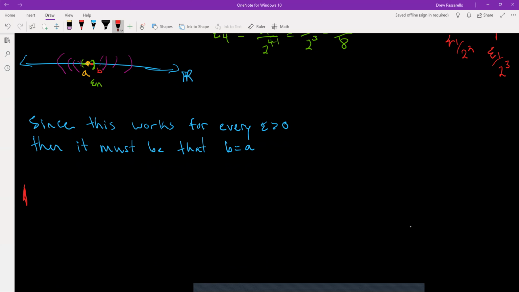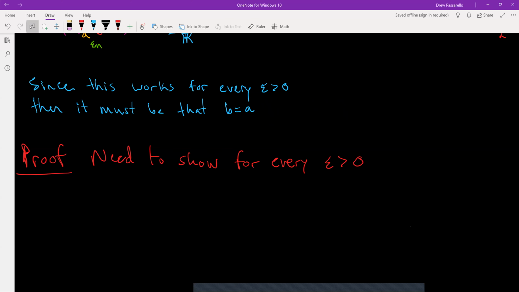So the actual proof: we need to show that for every epsilon, if B is in the epsilon neighborhood around A, and that's for every epsilon, then B has to equal A. All right, that's what we need to show.